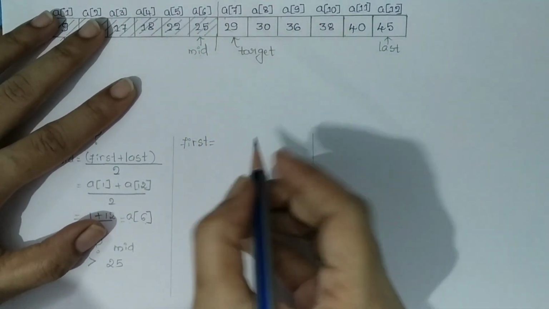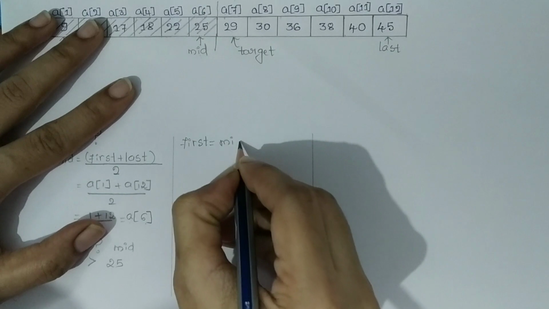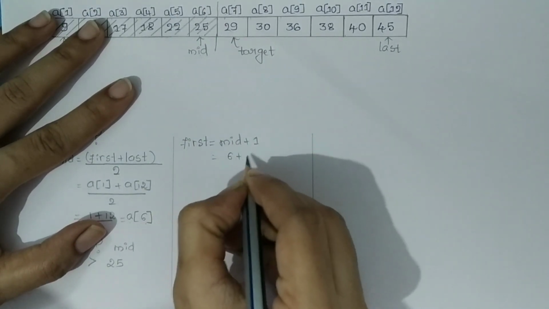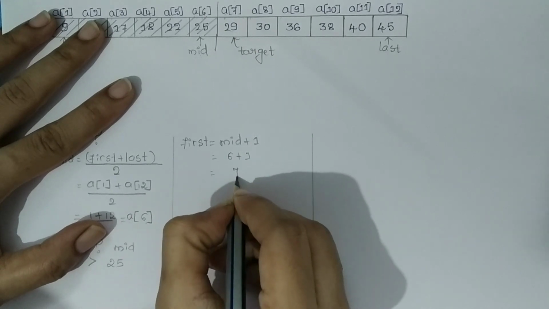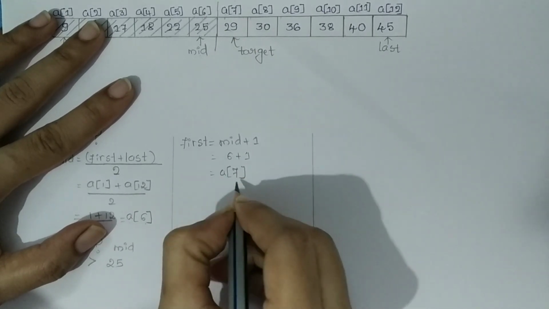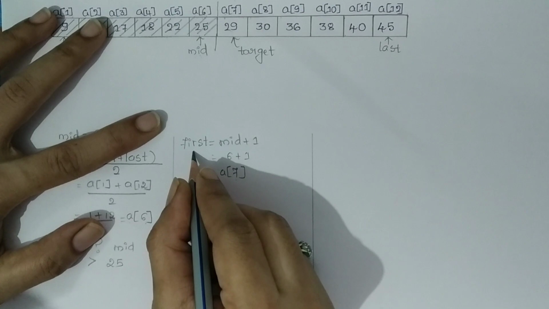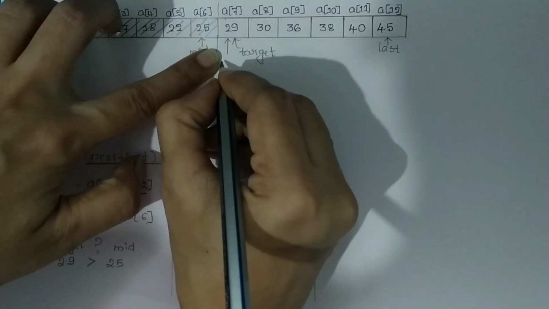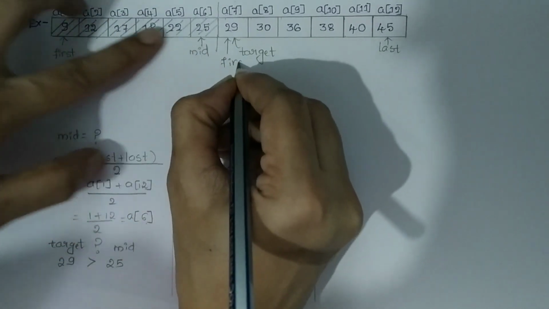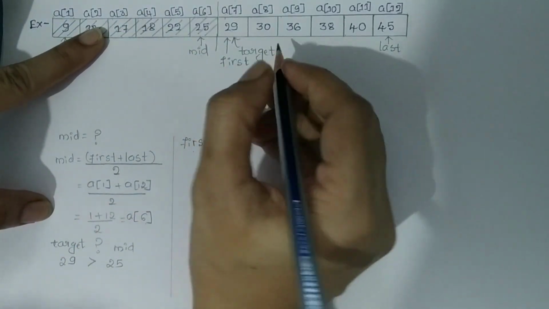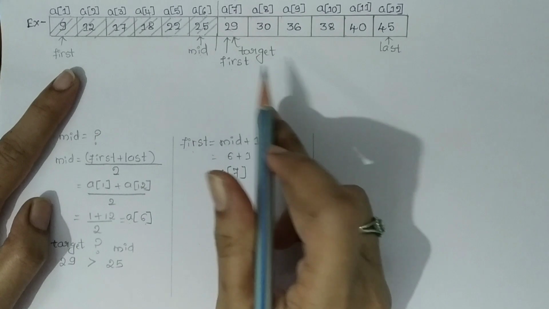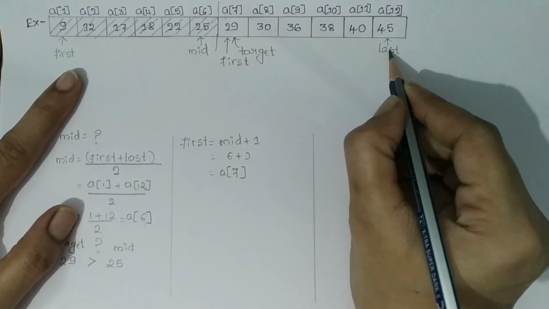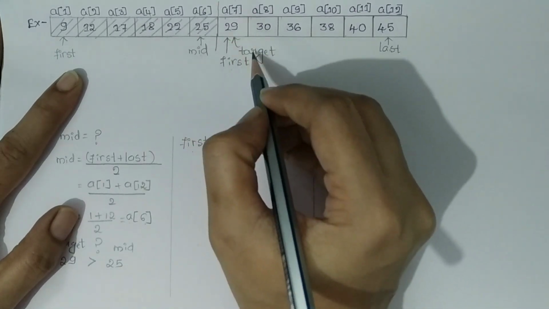Array of 7 will become our variable first, the beginning of the list. Now last is same as it is and target is 29.